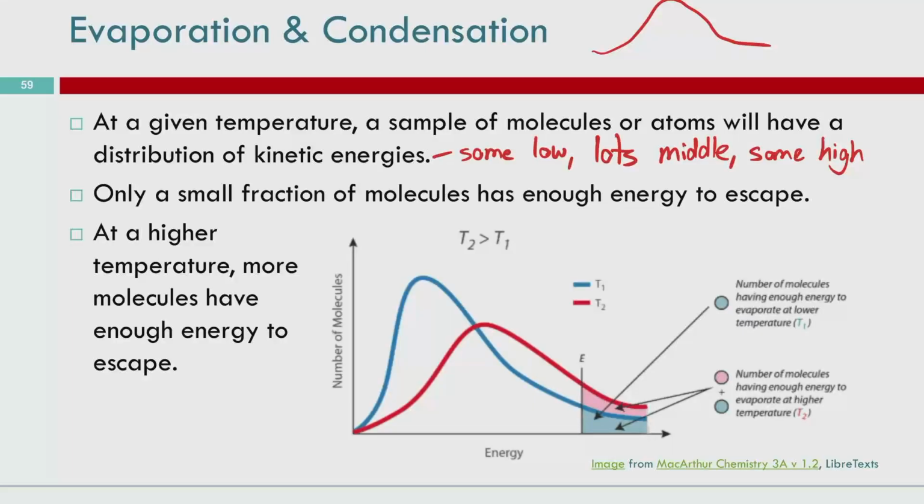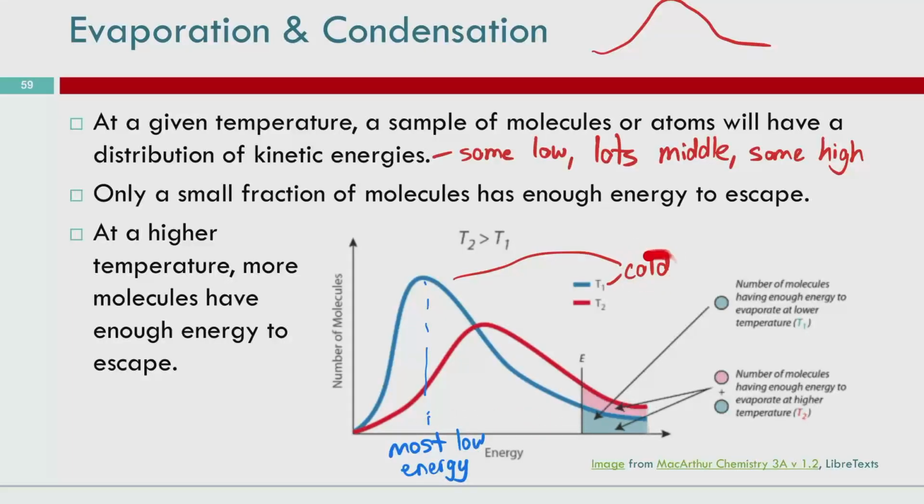And we're comparing two different temperature values here. So we've got T1 is the blue line, and this is our cold sample. This is a cold liquid. Most of the molecules are low energy, or lower on our energy scale based on how we've got it drawn out.